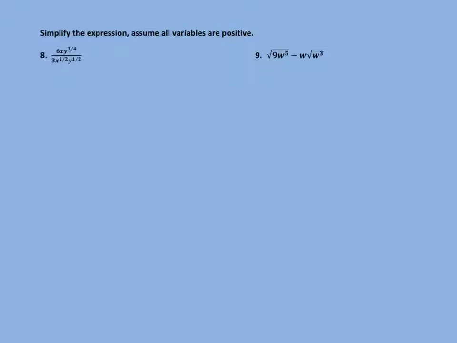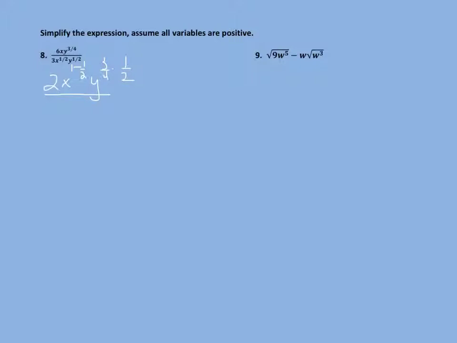Alright, so 6 divided by 3, 2. What do you do with the variables when you're dividing? You subtract. So I have x to the 1 minus 1/2, y to the 3/4 minus 1/2. Okay?